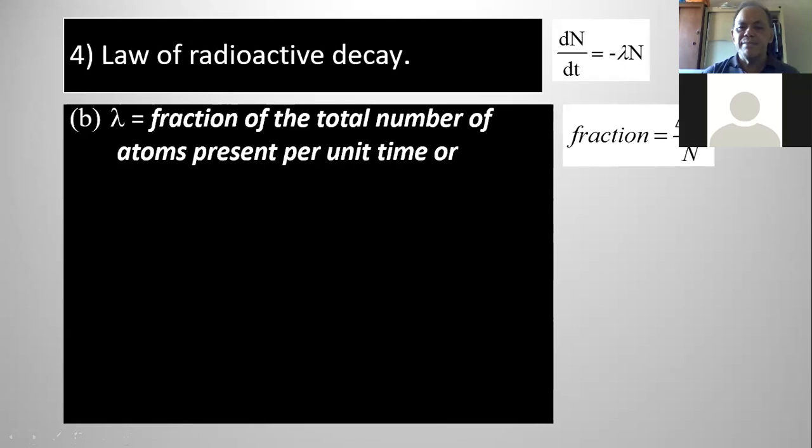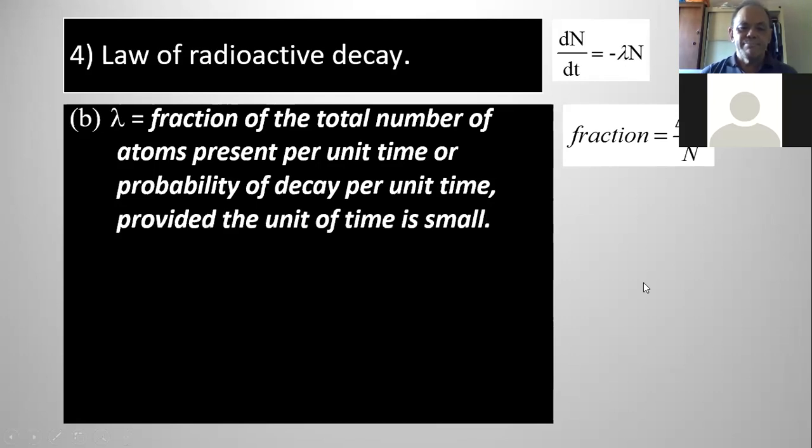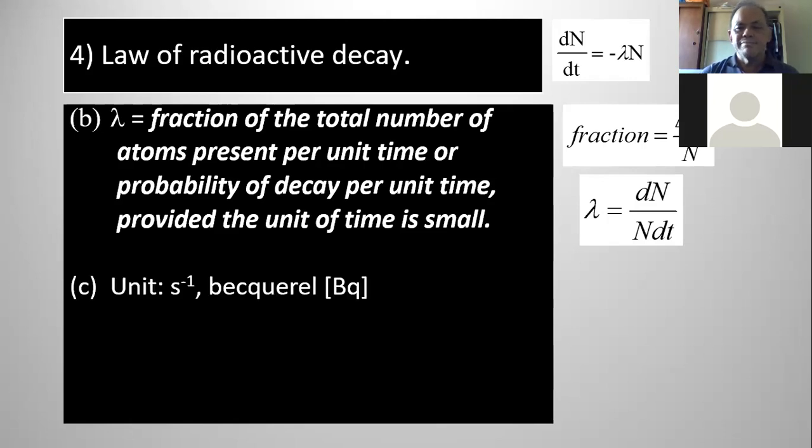The change in number divided by the number present, or probability of decay per unit time, provided the unit of time is small. Don't take too high. That's what lambda means. Unit: delta N and N have the same unit, they cancel off. So the only thing is you divide by t, so it's per second.